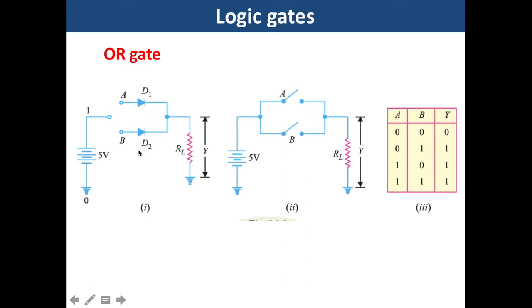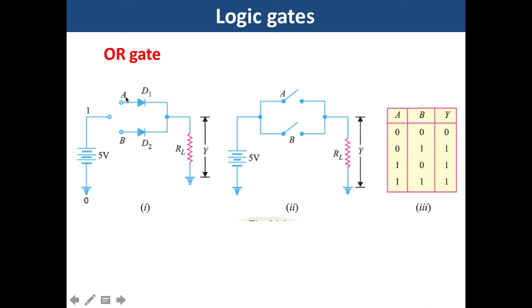Similarly, if A is connected to positive but B is connected to ground, diode D1 will be forward biased and conduct current, and you will get positive 5 volt. In terms of binary, 1 plus 0 is equal to 1.